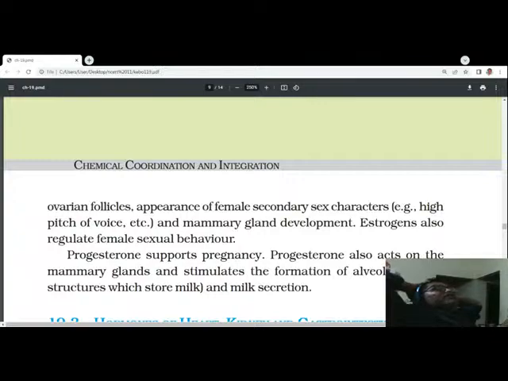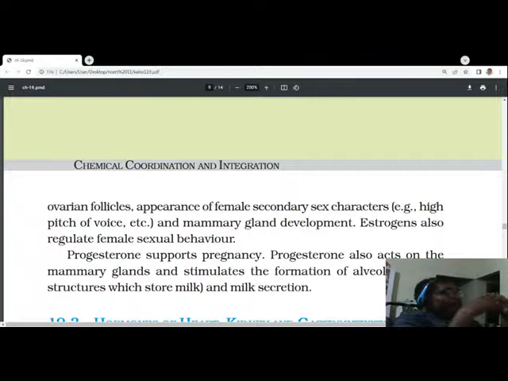In this way, the testes and ovaries play a major role. They act as endocrine glands and produce hormones. The testes mainly produce the testosterone hormone, whereas the ovaries produce two hormones, estrogen and progesterone.